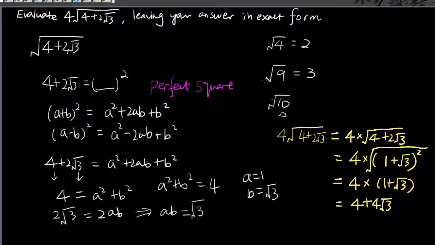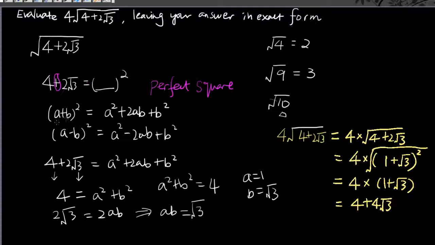One of the things we may want to know is the algebraic identities for the perfect square: (a plus b) squared is a squared plus 2ab plus b squared. If we have (a minus b) squared, we will have a squared minus 2ab plus b squared. In this example, because the sign in front of 2 root 3 is a plus, we may want to try the first identity first.